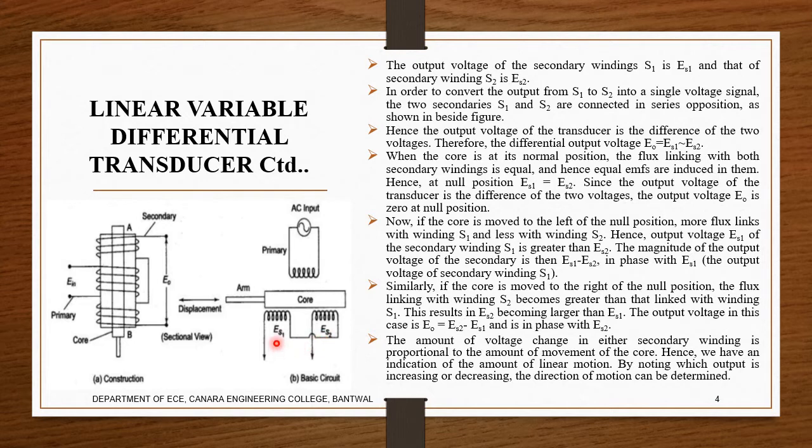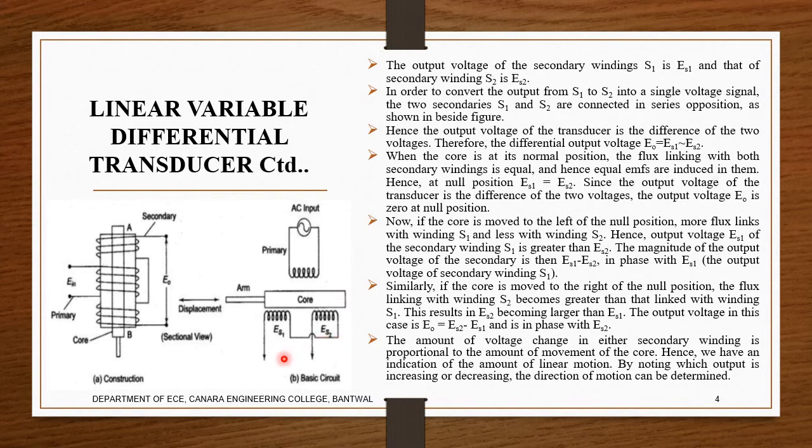This results in ES2 becoming larger than ES1. So in that case the output voltage E0 is equal to ES2 minus ES1 and is in phase with ES2. The voltage supplied by the AC source via the primary winding is in phase with ES2.